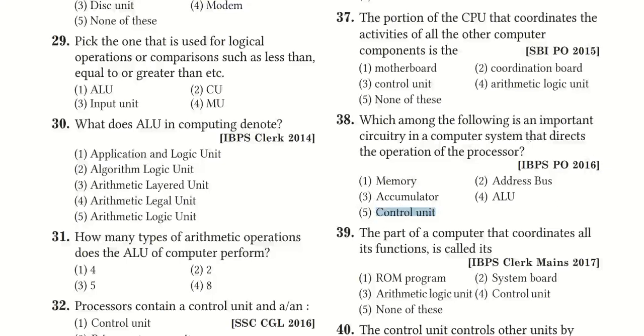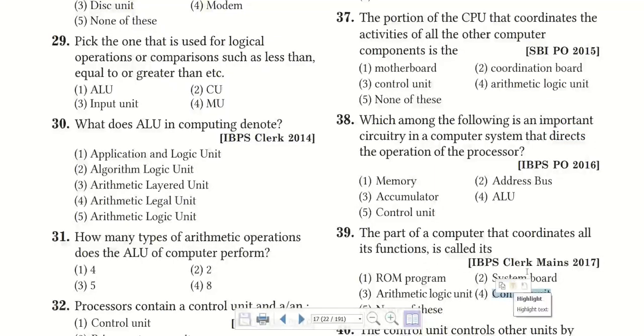The control unit is an important circuitry in the computer system that directs the operation of the processor. The part of a computer that coordinates all its functions is called its control unit.